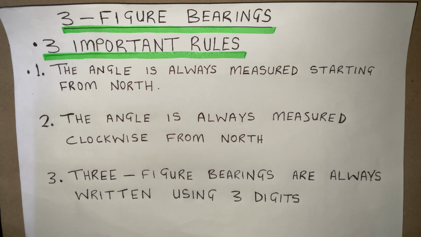For instance, let's say we measure and get 95 degrees. You write it as 095 degrees. Say we measured and got 87.5 degrees. You prefix with a 0 and write it as 087.5 degrees. Okay, let's move on to the next sheet.